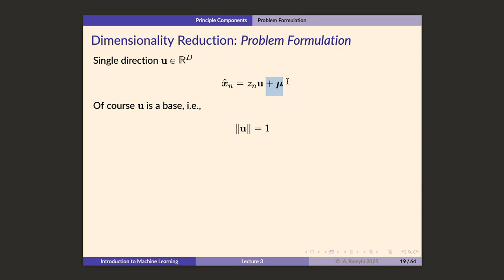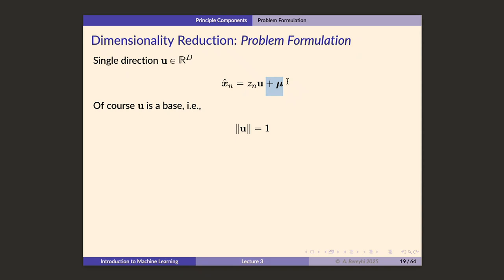Now this is the point which is mu. This is the point I start from. And once I'm at mu, I just need to know the value of z. So this is going to be my z value. This is z. And I just need to multiply that z with the direction u to get exactly to the point x, correct?